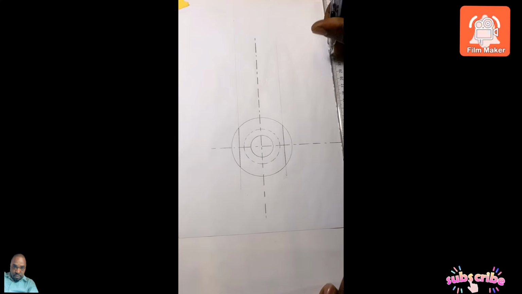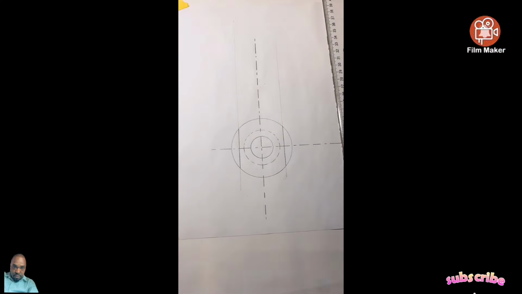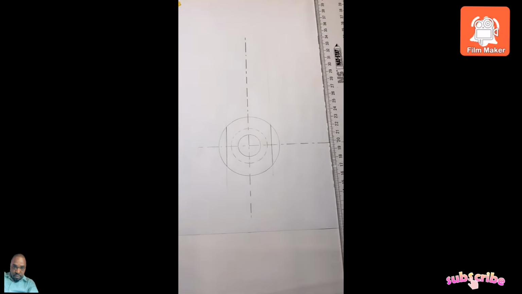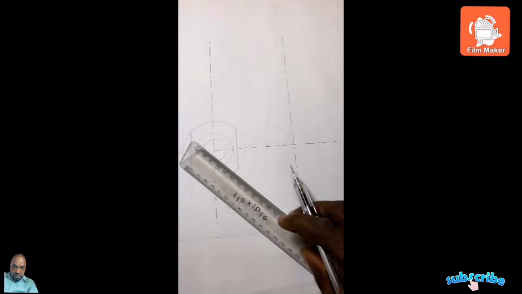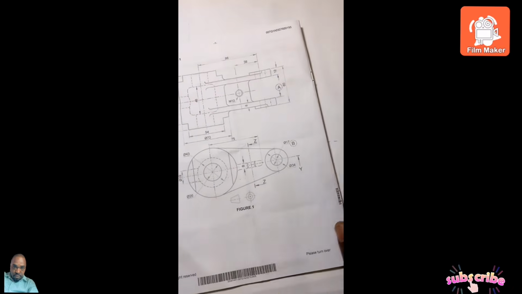Draw it just a little bit long, going up until it also helps you there by your front view.